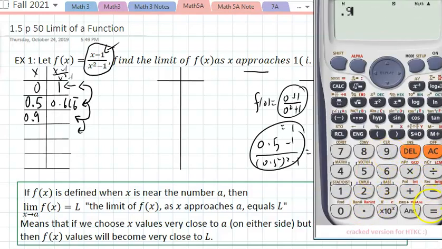Instead of saying 0.9 minus 1 divided by 0.9 squared minus 1, all I have to do is plug in 0.9 enter. Now it's stored in my answer. Go back up. It stored 0.9 in there. And guess what? I'll get 10 over 19. And if I hit decimal, 0.52.